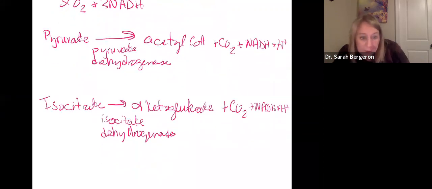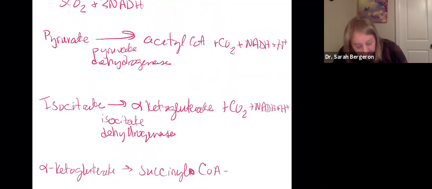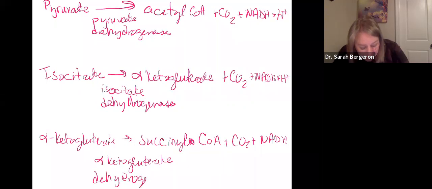And then our last one, we're going from the next step, alpha-ketoglutarate, into making succinyl CoA, right? And we're going to make, again, CO2, and we're going to make NADH. So this one is alpha-ketoglutarate dehydrogenase.